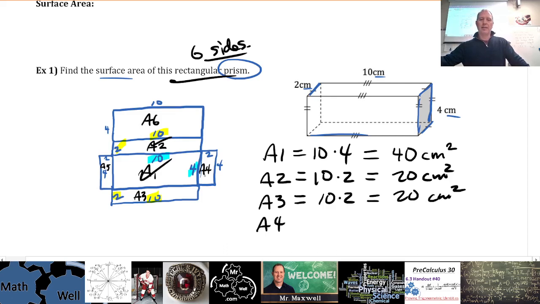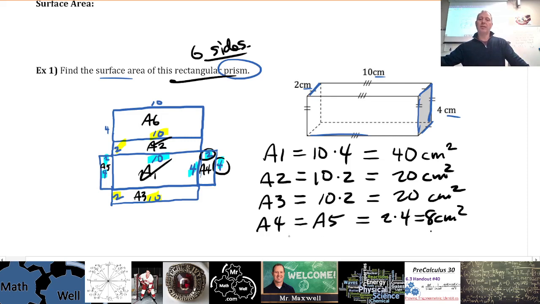A4. Let's see. Okay, here's where I'll let you take some shortcuts. Now watch this. I said I was going to make you do it all, but watch this. A4, we know for a fact, is the same as what? A5. So you can start doing this now. A4 equals A5, right? Which equals what? 2 times 4 is 8 centimeters squared. So please make sure that you count this twice.